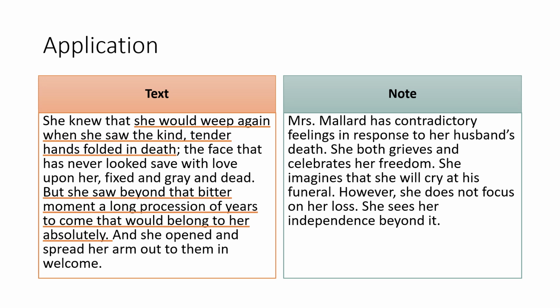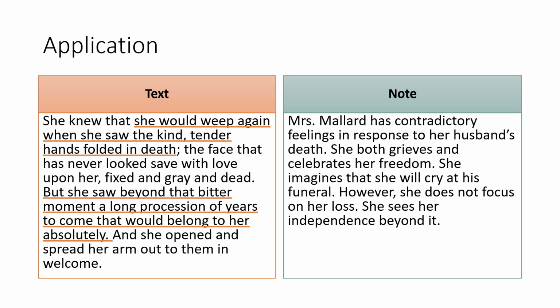After reading the question, the reader locates a moment in the text when Mrs. Mallard thinks through her emotional response to her husband's death. He uses text evidence to identify that Mrs. Mallard has mixed feelings about her husband's death.